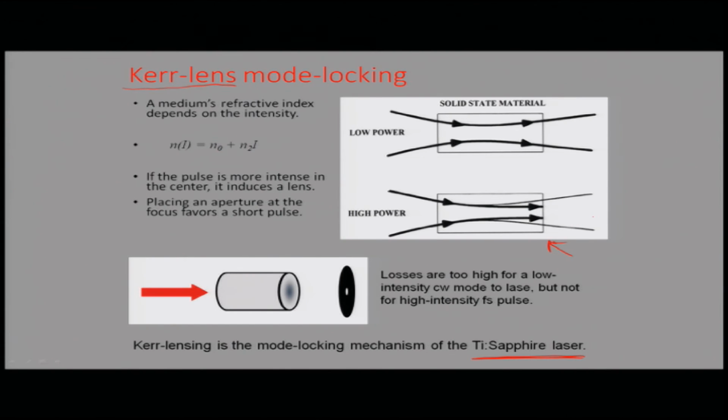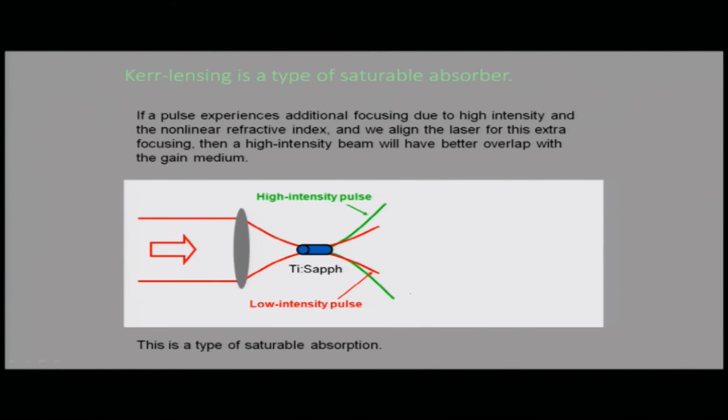So, it works like a very sharp aperture, so losses are too high for a low intensity CW mode to laze, but not for high intensity femtosecond lasers. It acts like a very sharp aperture through which only the peak of the intensity can go through, producing a very short pulse.